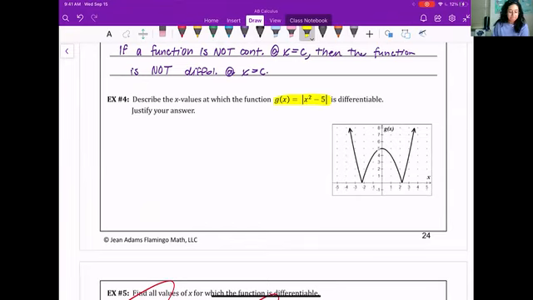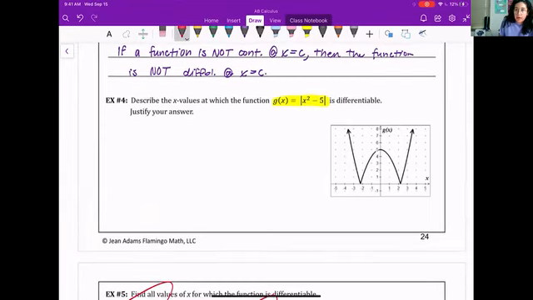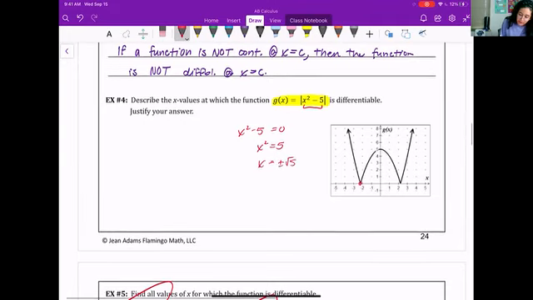So, if you want to know where the sharp turning point is, what you can do is you can take the inside of your absolute value function and set it equal to 0, okay, and solve for x. So here x squared equals 5 and x equals plus or minus the square root of 5. This is where those sharp turns are going to occur. This is where g of x is not differentiable.